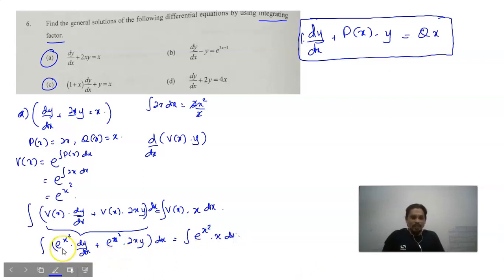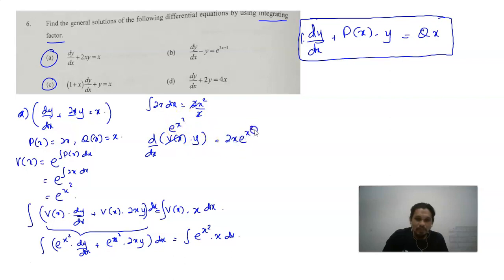Why do I think this is an expansion of that? Let's substitute V(x) with e^(x squared). Now the derivative of e^(x squared) multiplied with y: differentiate e^(x squared) first, it gives you 2x e^(x squared) multiplied with y, plus e^(x squared) and the derivative of y with respect to x, dy/dx.